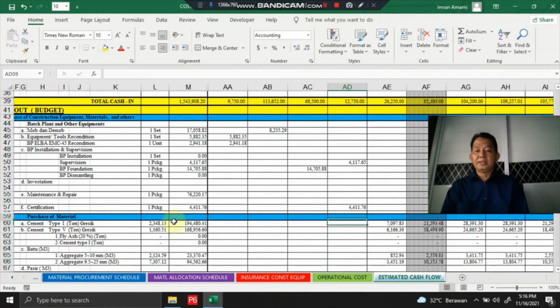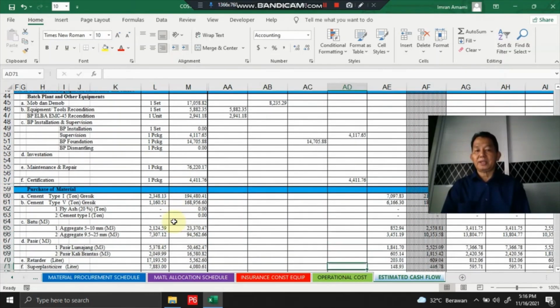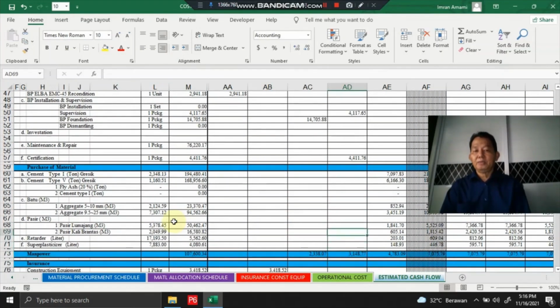And this is the certification, which we put 2 months before the first month of concrete supply. And this is purchase material, which we put 1 month earlier before the first month of concrete supply.